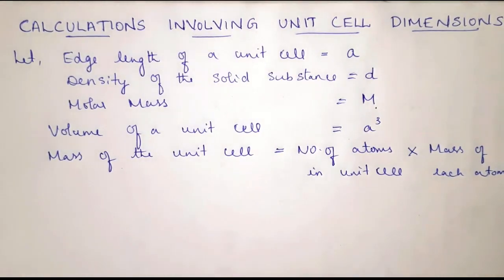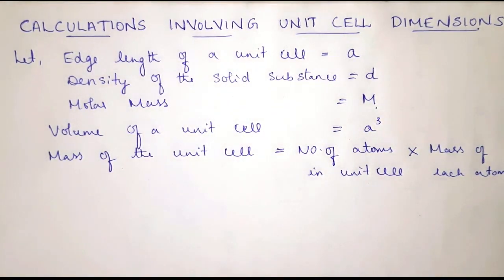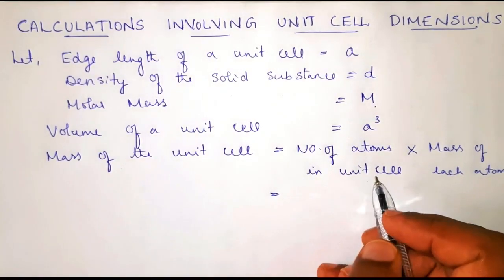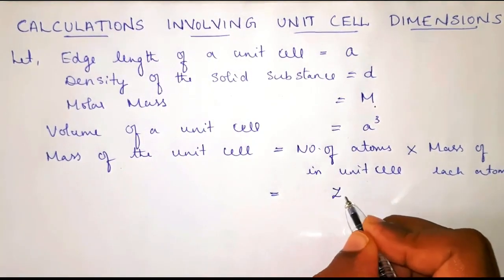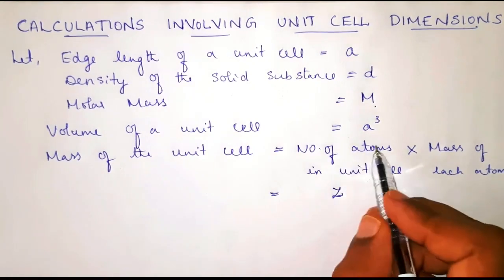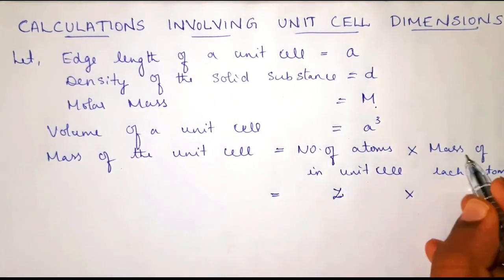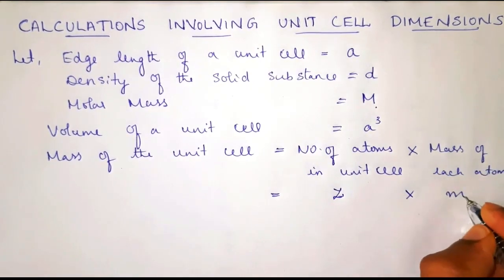To find the mass of the unit cell, you should know how many atoms are present and the mass of each atom. When you multiply the total number of atoms by the mass of each atom, you will get the mass of the unit cell. This number of atoms in a unit cell, we'll take as Z, and the mass of each atom as small m.